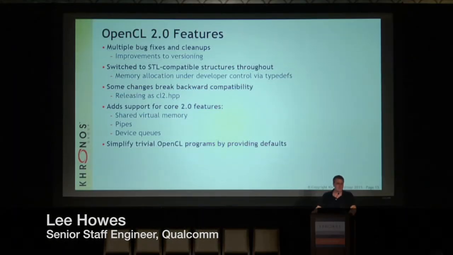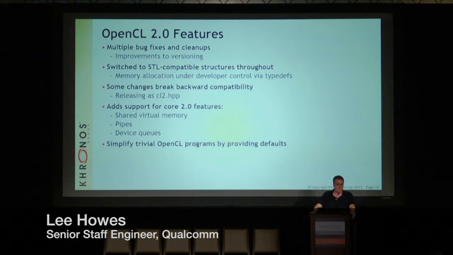For consistency, it switched to STL compatible data structures throughout, although I say STL compatible carefully there because all of these can be replaced by different users of the library with data structures that map to the same interfaces with the same requirements. Then, of course, we've added the OpenCL 2 core features.